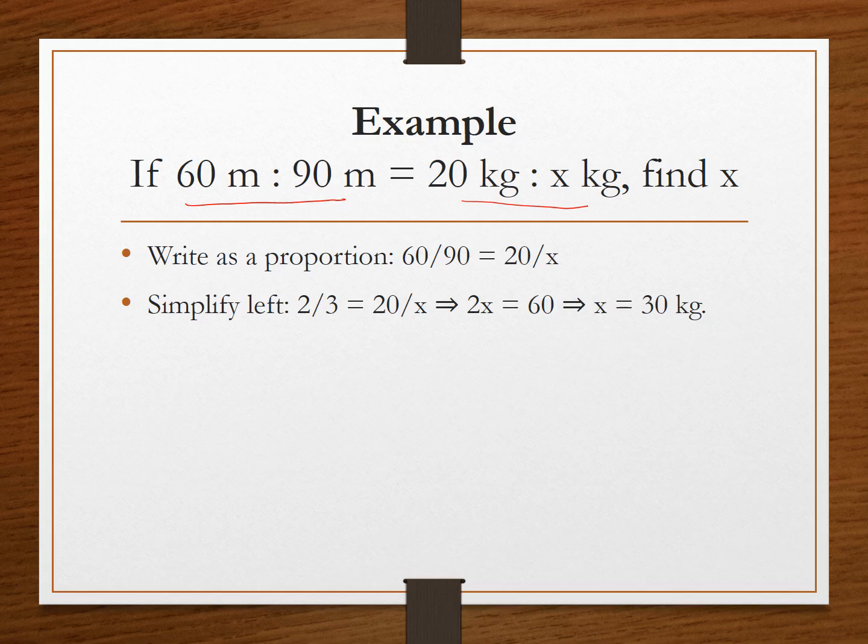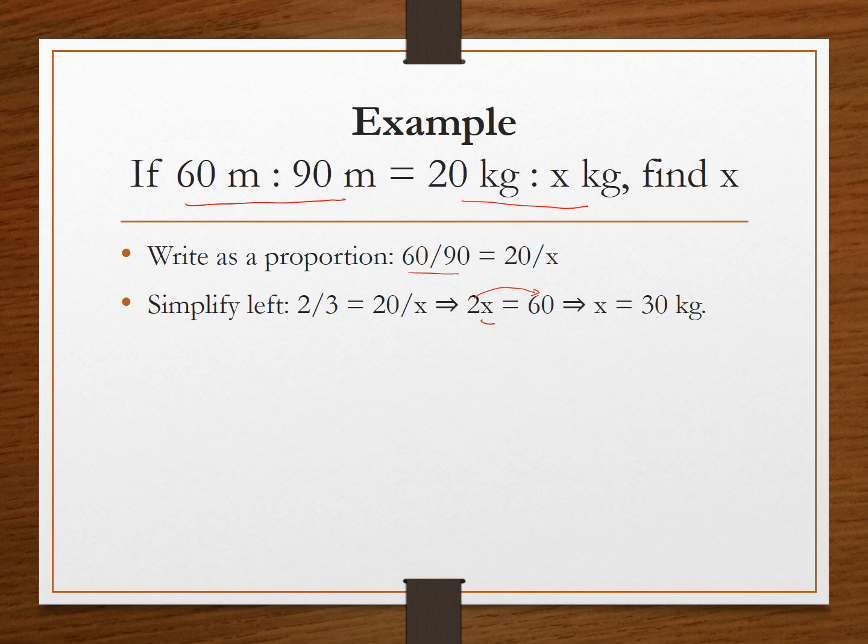So after simplifying the left hand side, we will get 2 over 3, that is equal to 20 over x. Then again, by using the cross multiplication formula, we will get 2x is equal to 60. So here we have to find the value of x. So 2 will be shifted on the right hand side. So after simplifying, we will get x is equal to 30 kg.